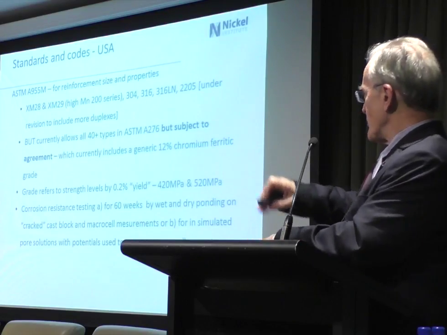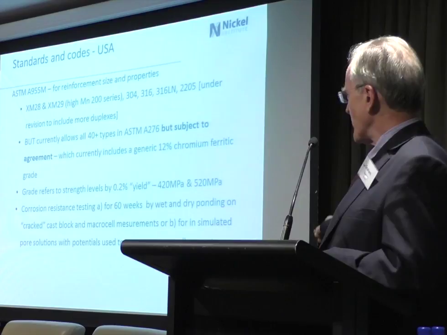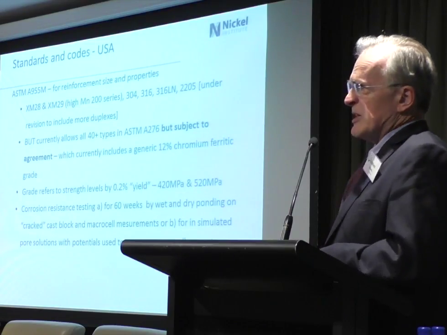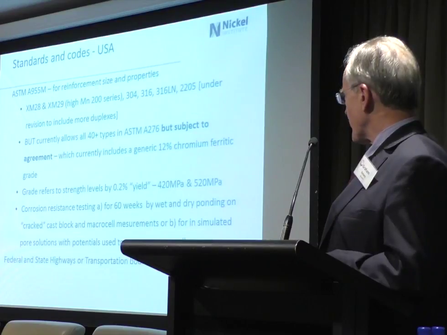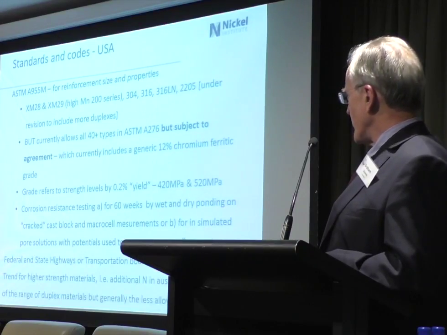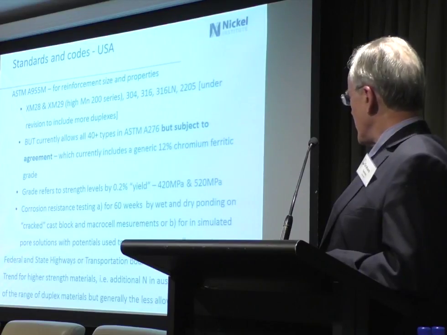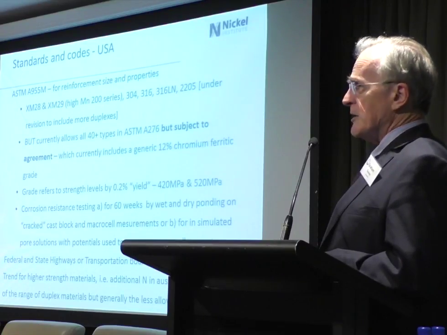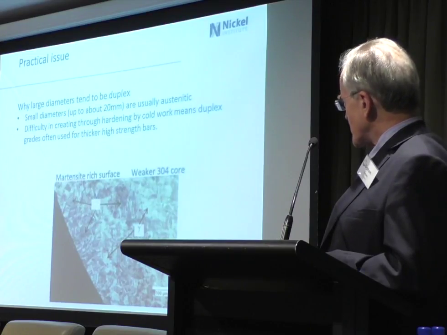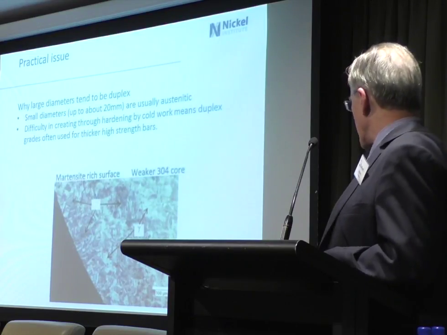So it's 2 layers of reinforcement and ponding for this one, or putting the thing into a simulated pore solution, basically. Standards and codes in the States also include the highways people, and I've mentioned this before, but again, they're looking for higher strengths. Now, this comes from goodness knows where.